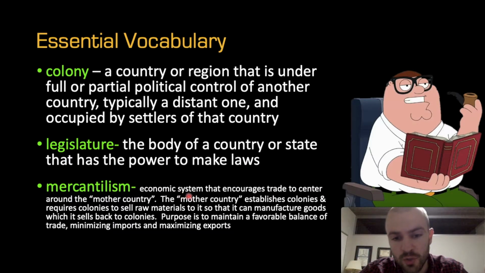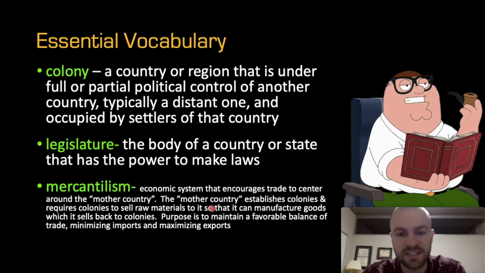In our lecture, the mother country is England. The mother country establishes colonies and requires those colonies to sell raw materials, something I'll define on the next slide, to it so that it can manufacture goods which it sells back to the colonies.